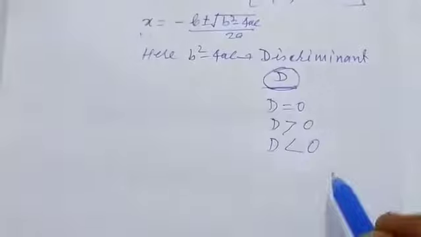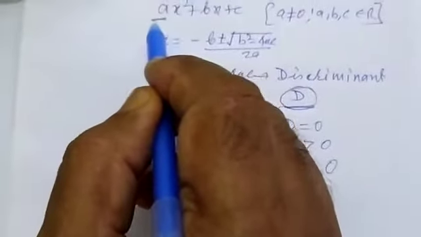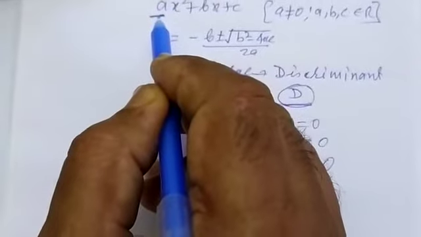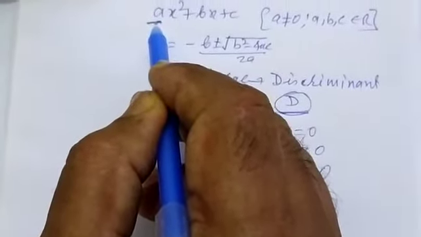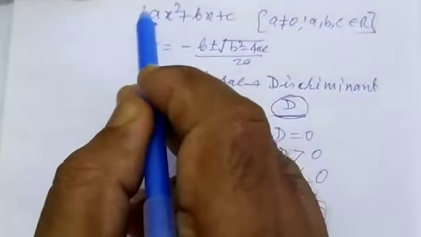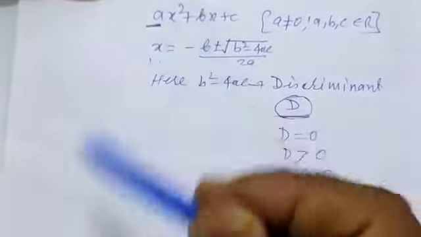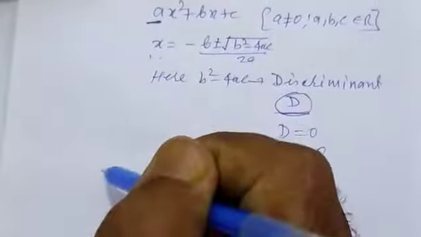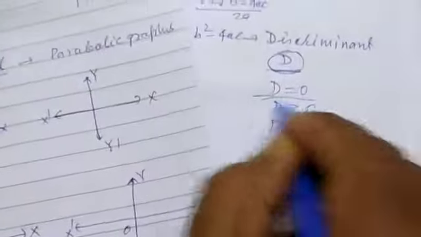One thing also in the graph: the value of a, the coefficient of x square, has a very important role. If the value of a is positive, the graph will open upward, and if the value of a is negative, the graph will open downward. So I am showing all these graphs here. Case 1, when D equals 0.